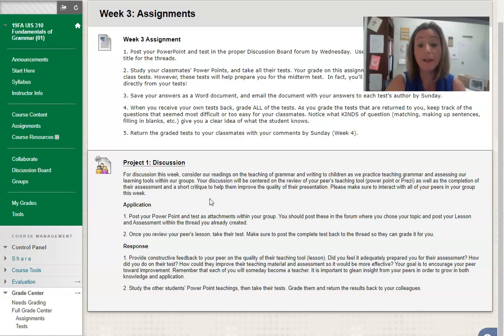So I would be very surprised if every person in your group gets a 100 on your assessment. And if that's the case, I would definitely take a look and see, did it seem like the questions were maybe too easy? But the same thing goes if everyone got a 0 on it. Look at the way that the questions have been worded.